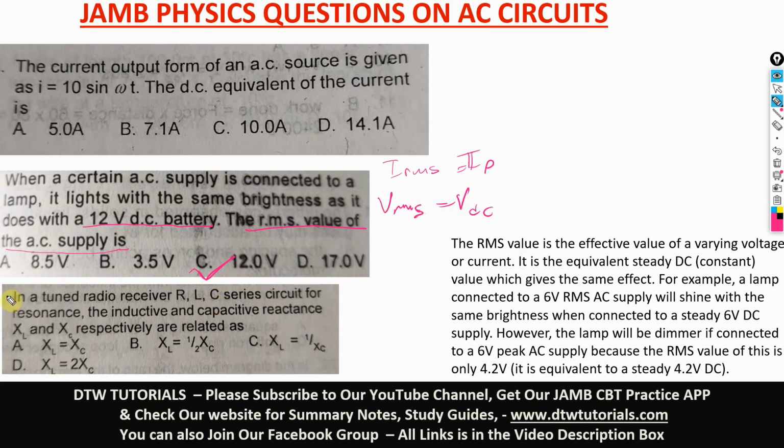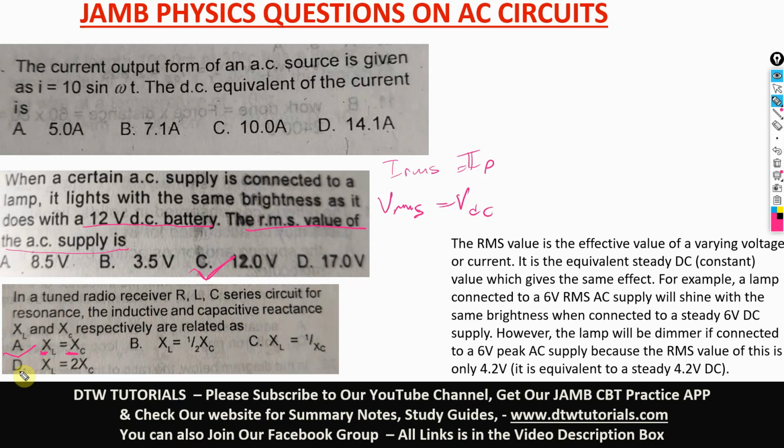Now, the next question says, in a tuned radio receiver, RLC series circuit for resonance, the inductive and capacitive reactance XL and XC respectively are related as, I've said this from the beginning, your inductive reactance is equal to your capacitive reactance.